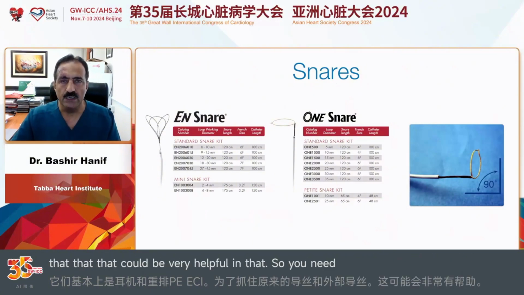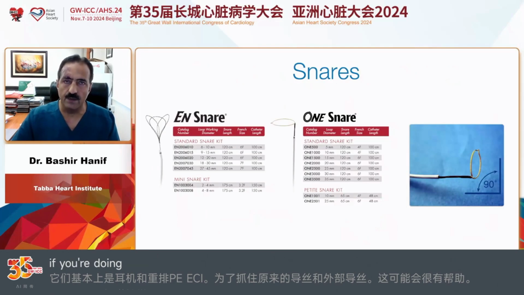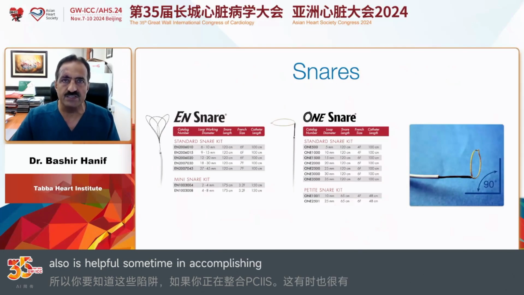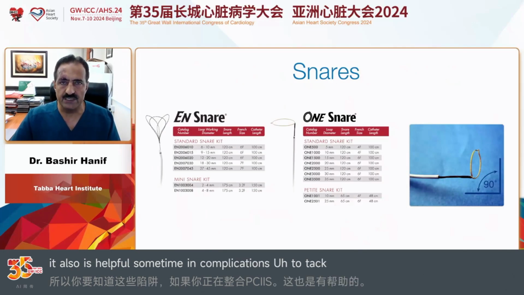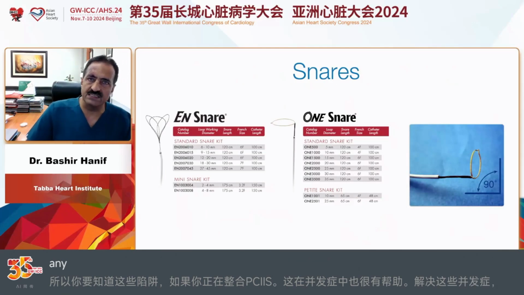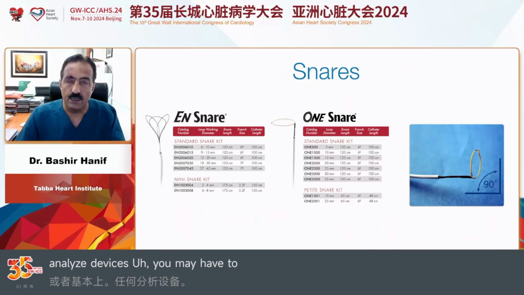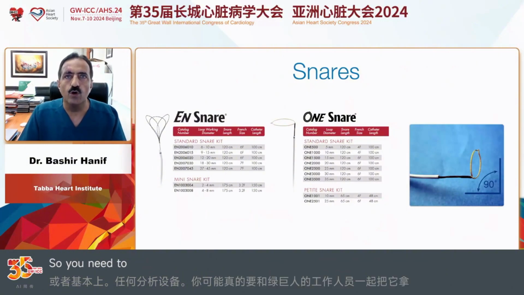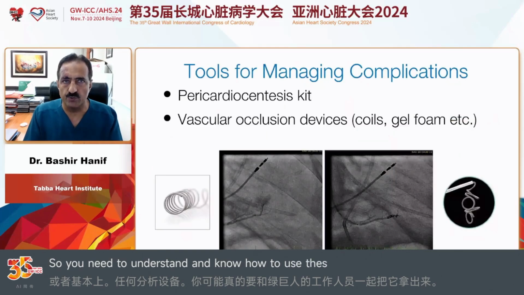So you need to know these snares if you are doing retrograde PCIs. It is also sometimes helpful in tackling complications, or any embolized devices. You may have to take that out with the help of snares. So you need to understand and know how to use these snares if you're doing CTO PCI.